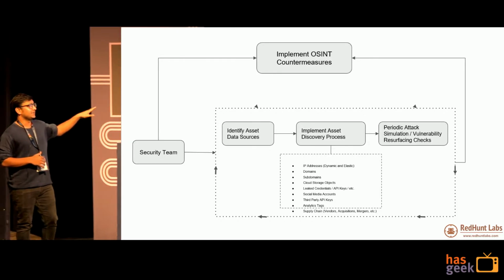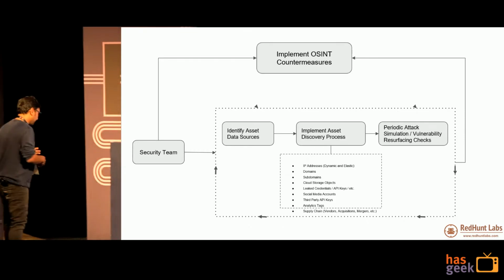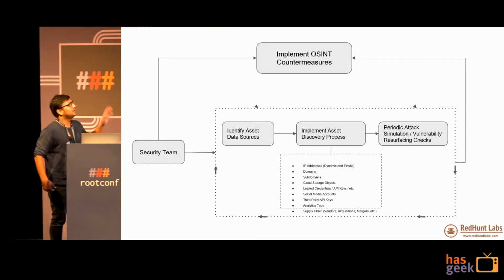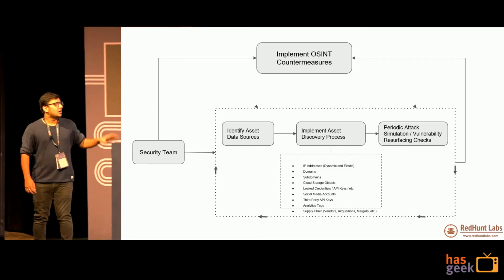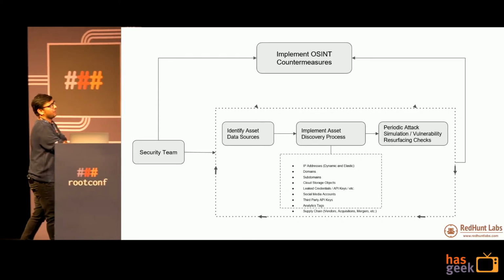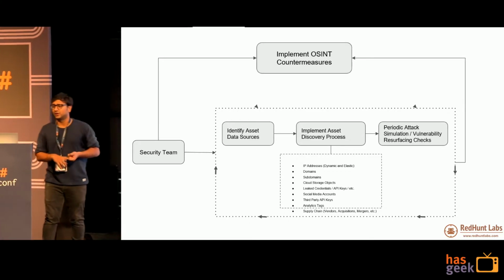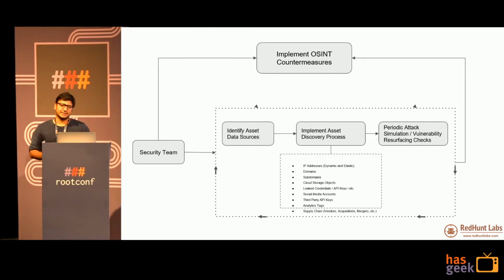Have a security team. If you don't have one, you should try making one. Maybe it can comprise just one person, but there should be some security department in the organization. You should always keep implementing open source intelligence countermeasures, and then you should have a process of identifying assets, asset data sources, implementing an asset discovery process, then periodic vulnerability checks and scanning on top of these assets.